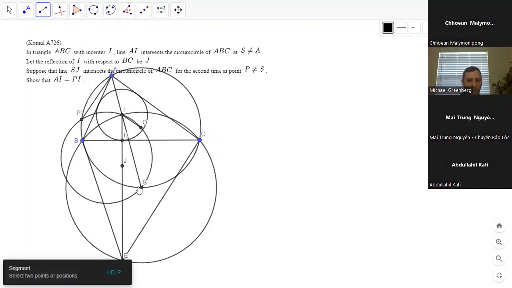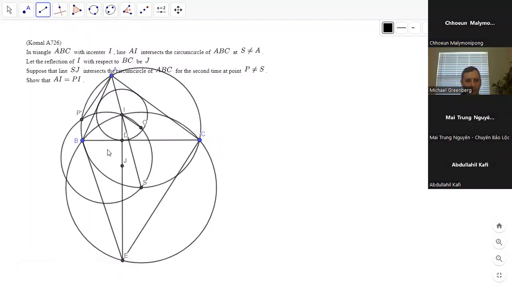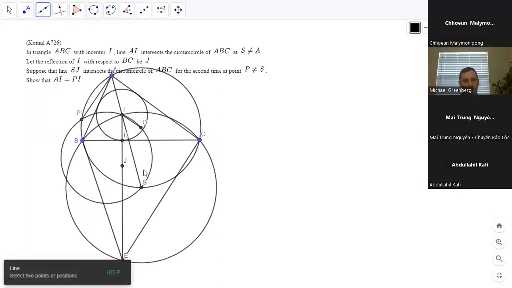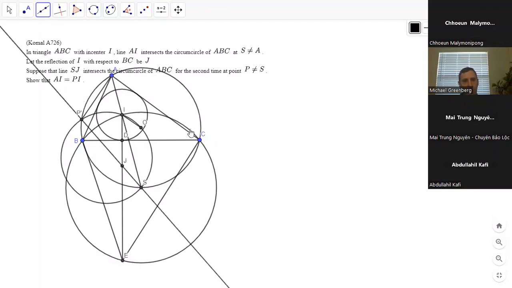And we know that OH, so this is the Euler line. We want to show P lies on the Euler line of this triangle, or P prime. Seems like it should be easy, but I don't know.